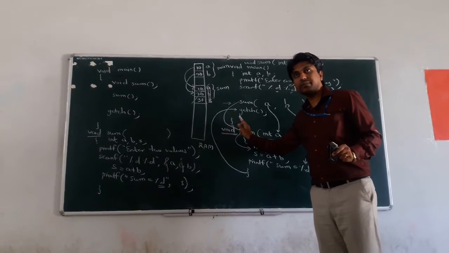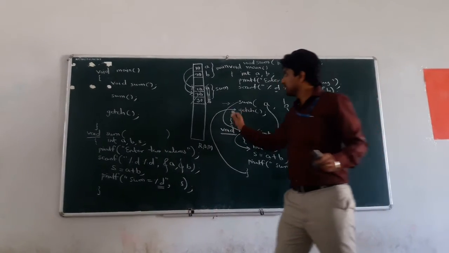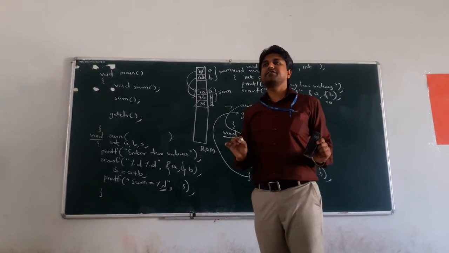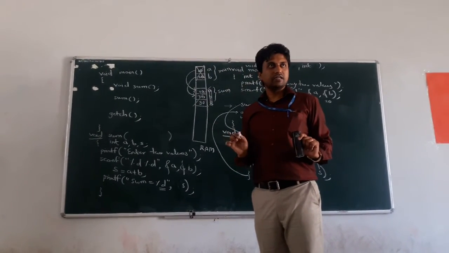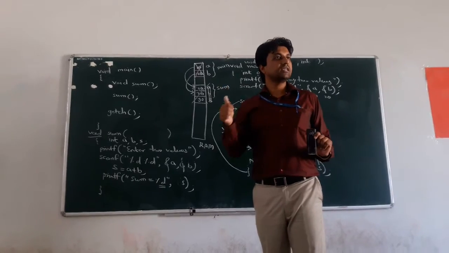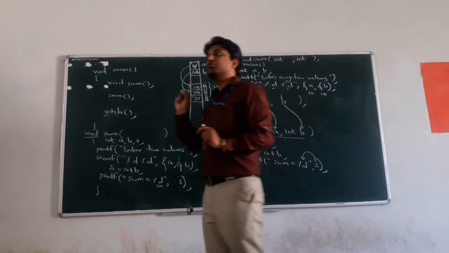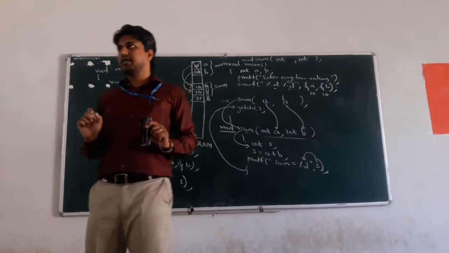When the curly bracket of the main function is completed, then a and b become dead variables. Clear? Now there is no reference of a, b, s. So storage types are the most important part.